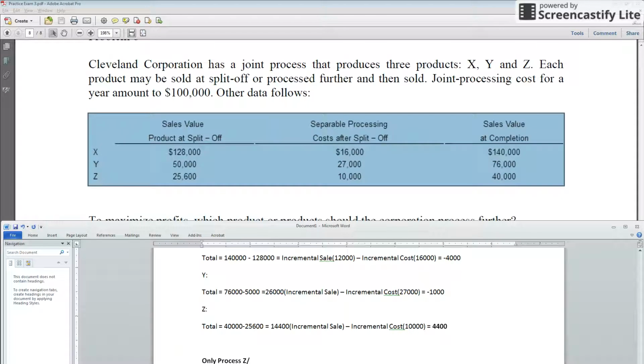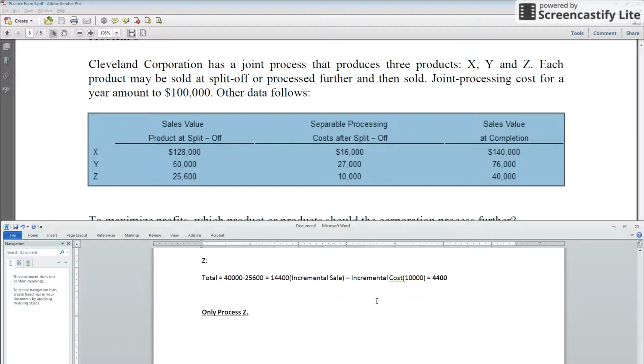If they ask you for the total profit, I will say, okay, I will sell the X and Y before processing. So my sales is 128,000 plus 50,000 plus the Z, which will be sold after processing for 40,000.